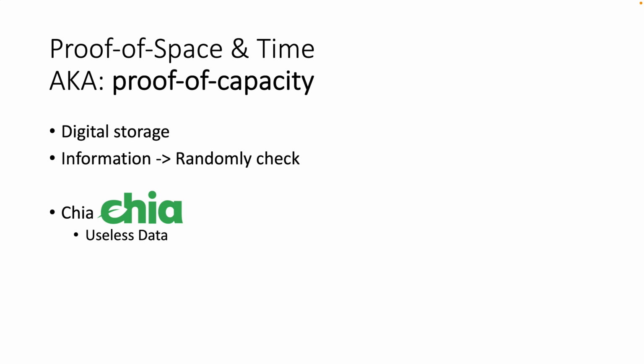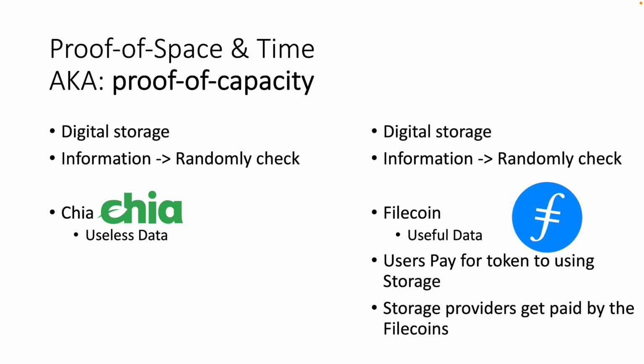Of course, instead of storing useless data, there are blockchains that use proof of capacity that actually store useful data too, such as Filecoin. People pay to use Filecoin's storage across the network around the world.